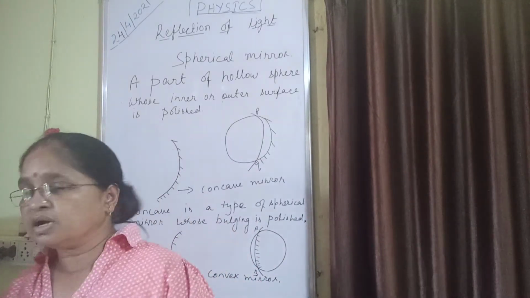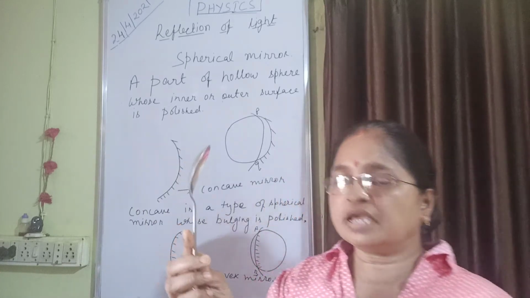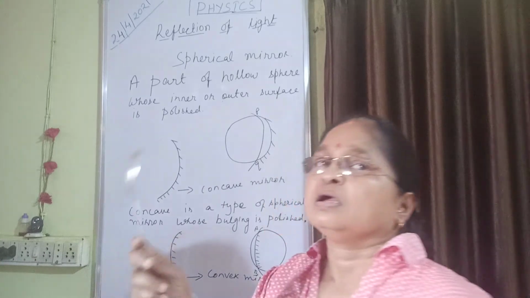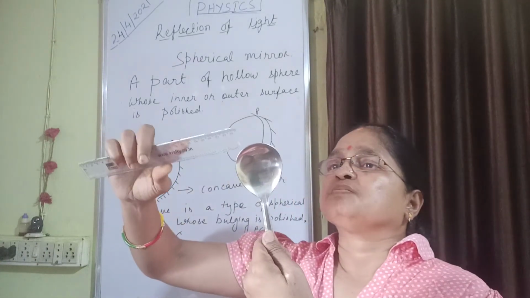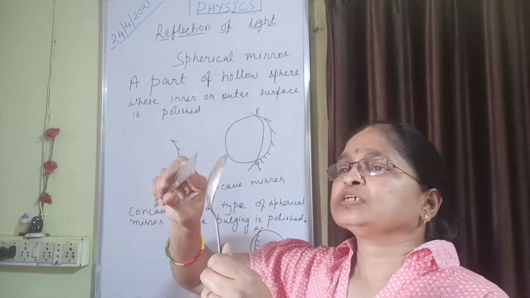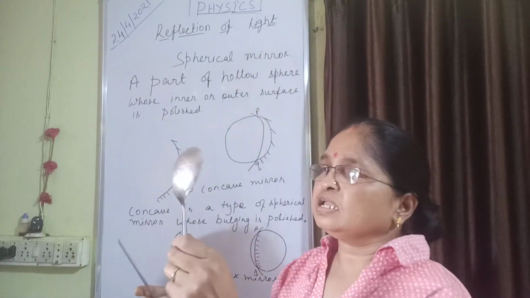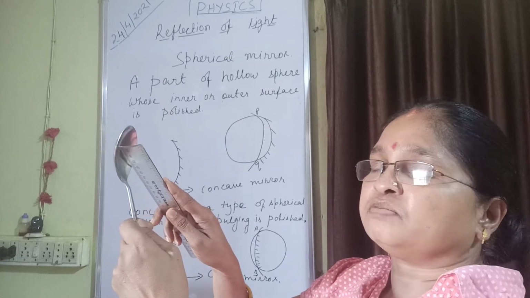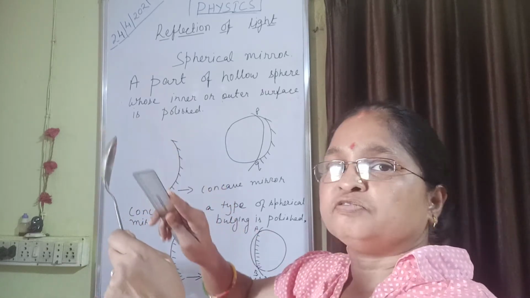And students, a good example is a spoon. Just see, I am showing you a spoon. See this bulging part, spherical. It has an outer surface and an inner surface. If we see our face in the inner surface, that means the inner surface is reflecting, so this inner surface acts as a concave mirror.